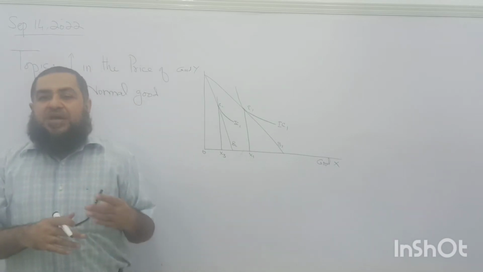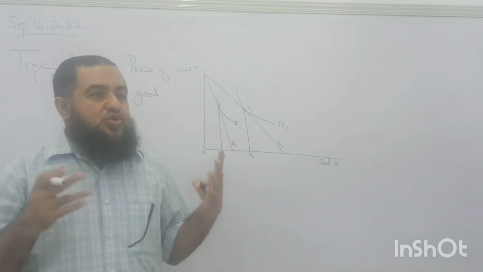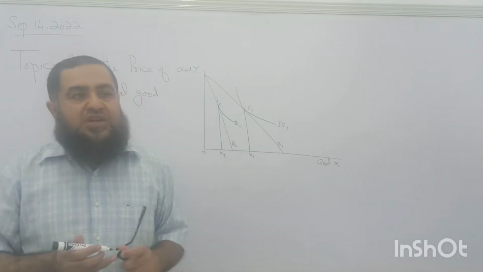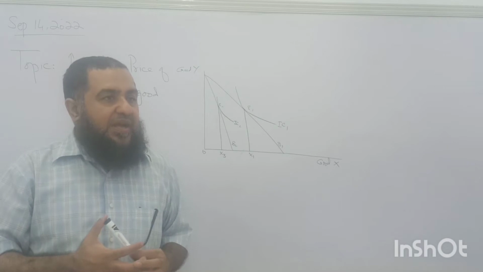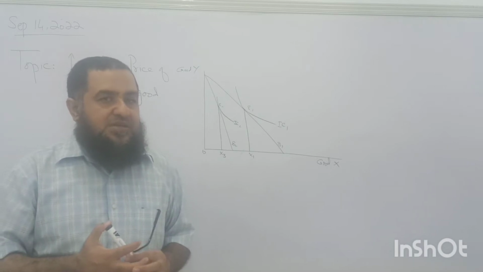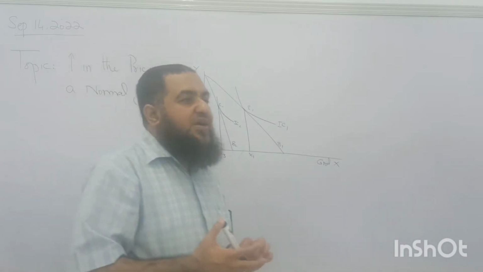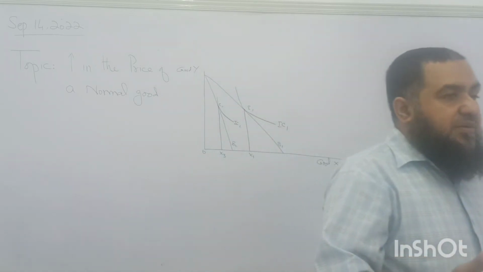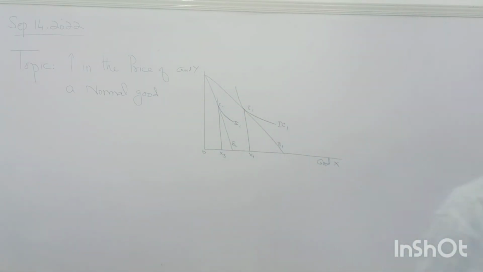This is the total effect of the increase in the price of this normal good. Now it can be divided into two effects. One is the substitution effect and another is the income effect. Let me know what happens to the real income of the consumer when the price of X increases. His purchasing power decreases because the nominal income of the consumer is fixed.